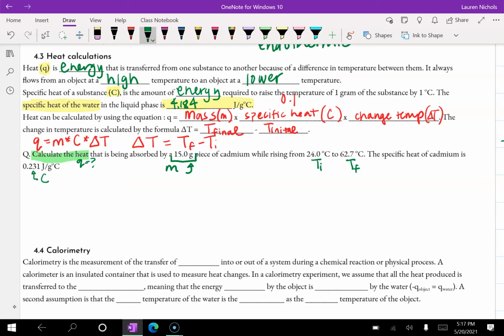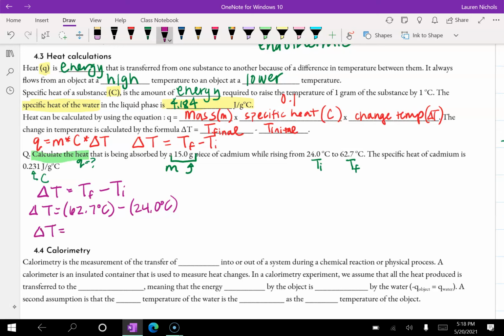So when we look at our two formulas, we have Q equals M times C times delta T, and we have that delta T is equal to T final minus T initial. So let's go ahead and do that first. Delta T is equal to T final minus T initial. So that means our change in temperature is equal to 62.7 degrees Celsius minus 24.0 degrees Celsius. Now remember, your units are really, really important, so don't forget to write them down.